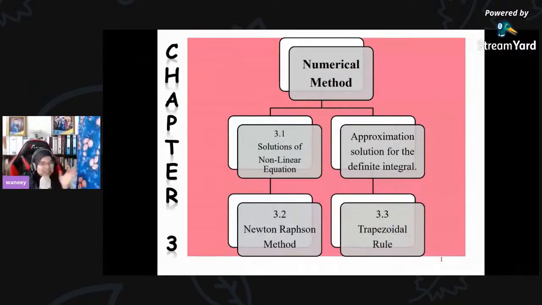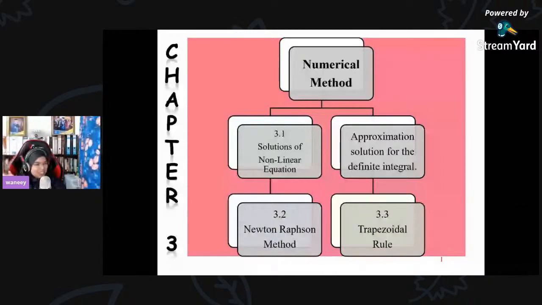Bagi slide dah besar, muka kecil balik. Better lah. So, testing. Mic okay? Muka okay tak? Semua benda okay ke? Ada benda yang tak okay? Malam-malam ngantuk lah.